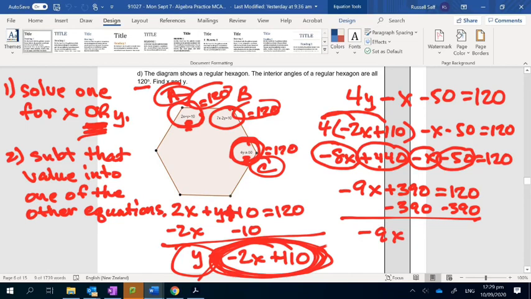Gives me negative 9x equals negative 270. Then I'm going to divide both sides by what? Negative 9. Make sure the negative and the 9 divide away. 270 divided by 9 is 30. Do you not plus it? No, you just divide because it's negative 9 times. Be careful about that.